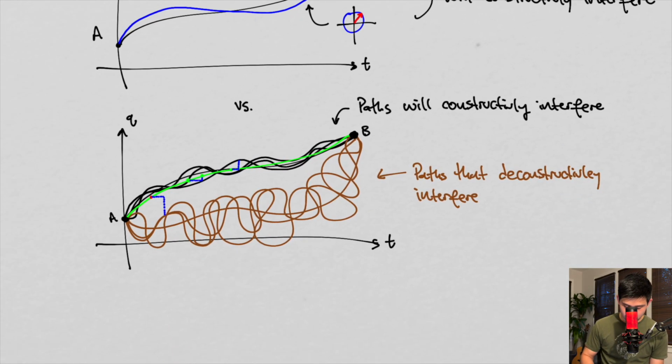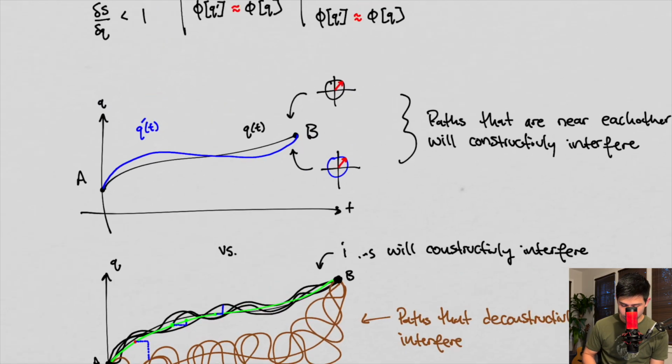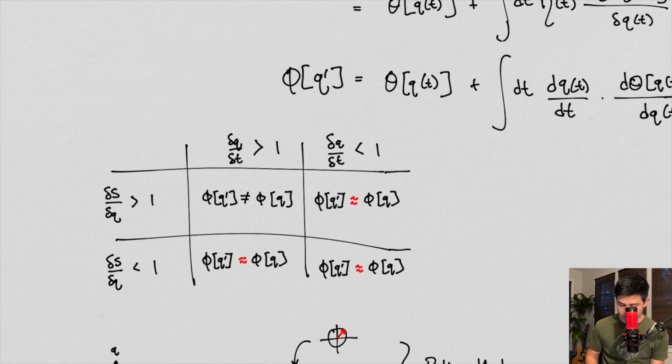If there's a large change in Q, so here we have a larger change in Q's, then the actions will differ substantially. These two guys here will not be equal.